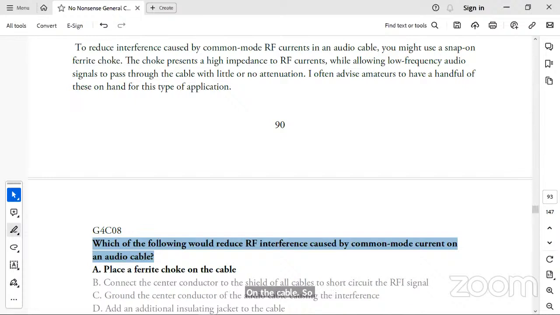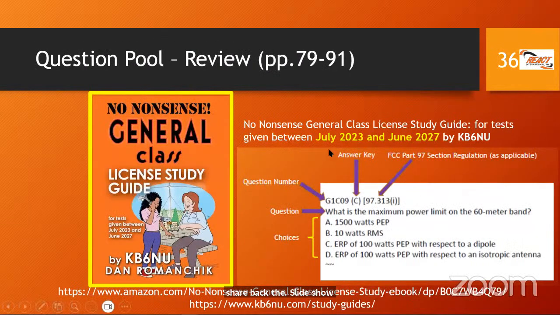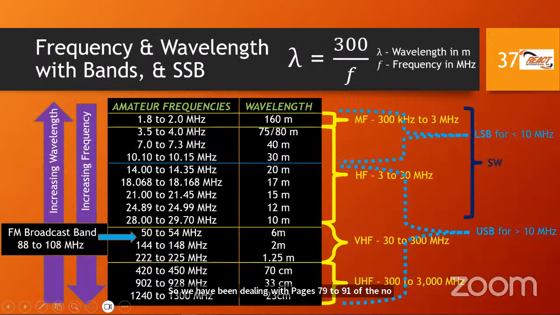So folks, that is the material we have been dealing with, pages 79 to 91 of the No Nonsense Guide. Let me just share back the slideshow.